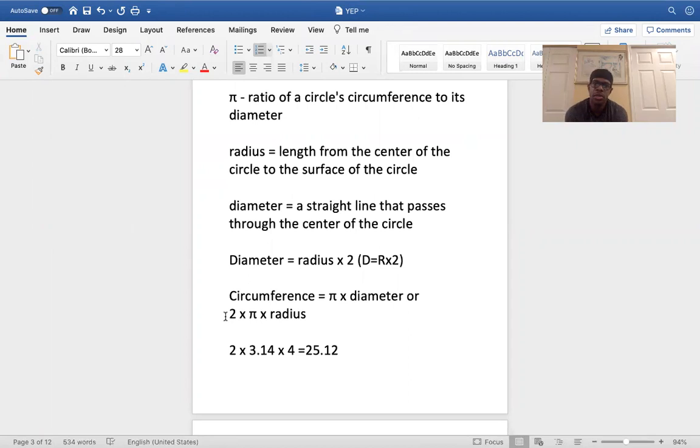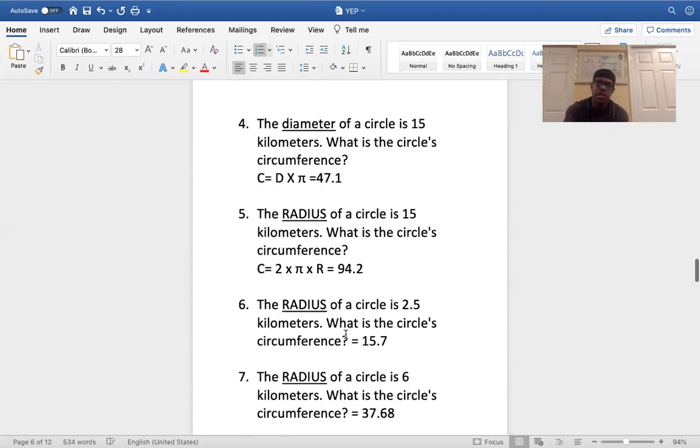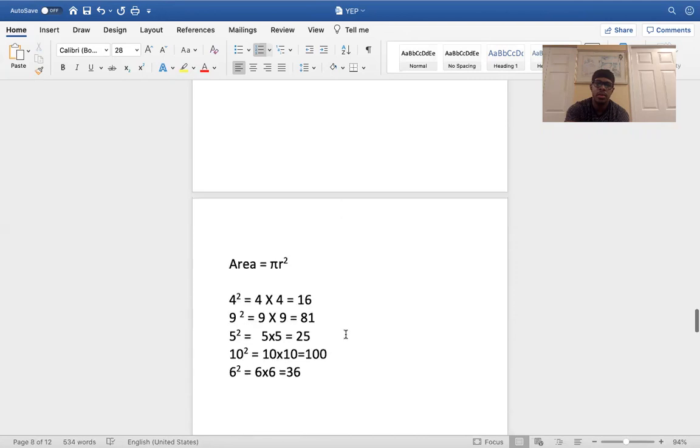So if you see here, the circumference is pi times diameter, it's just 3.14 times whatever the diameter is. And if they give you the radius, it's 2 times pi times radius, or 2 times 3.14 times the radius. And then for area of the circle, same way we find area of a square, length times width, this time we're going to do pi times radius squared, or 3.14 times your radius squared.